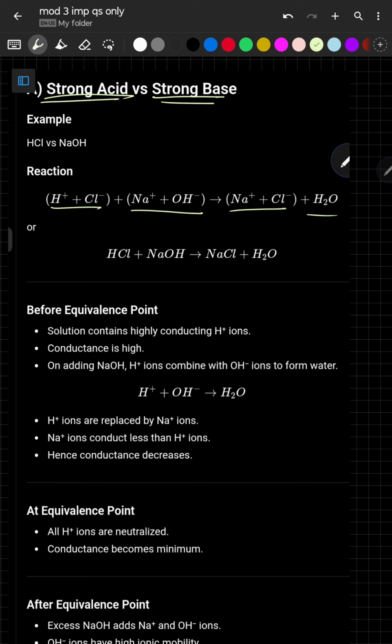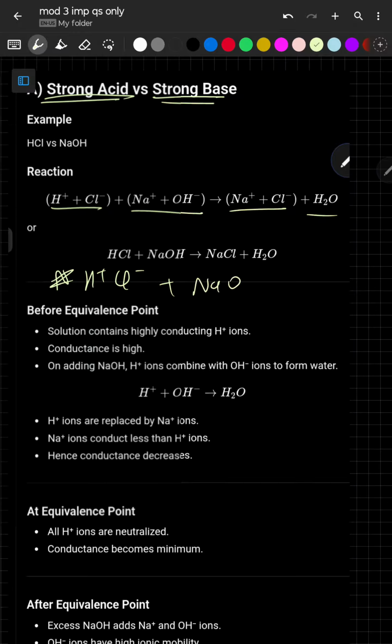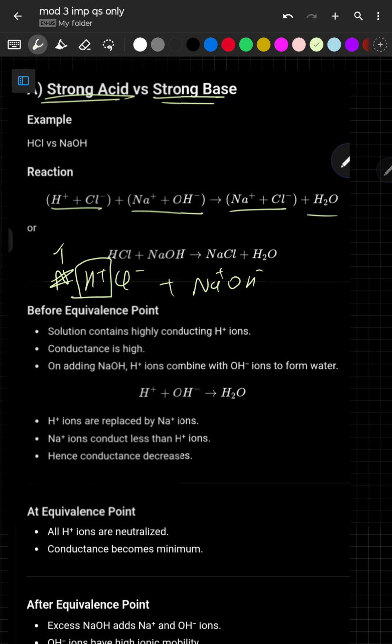On adding NaOH, what happens? The H plus ions combine with OH minus ions to form water. Initially H plus Cl minus, Na plus OH minus was there, and H plus concentration was high.